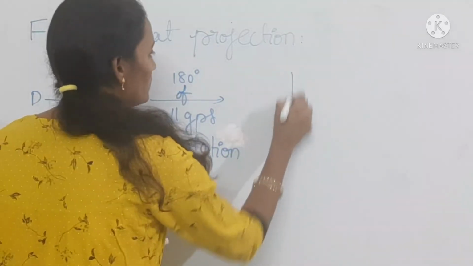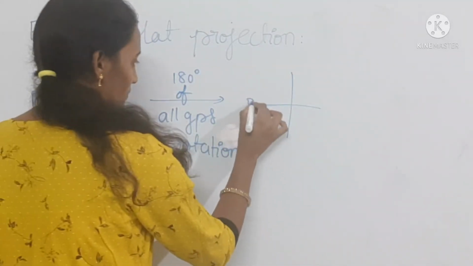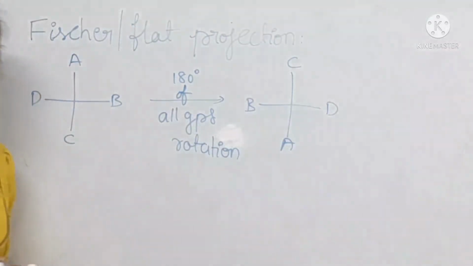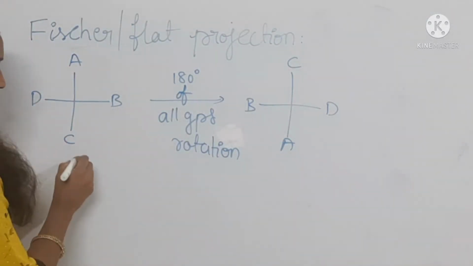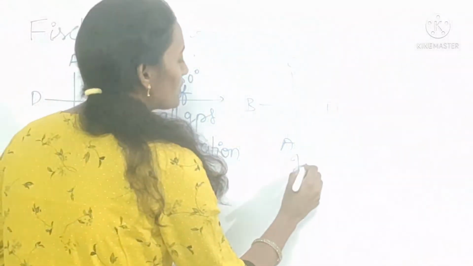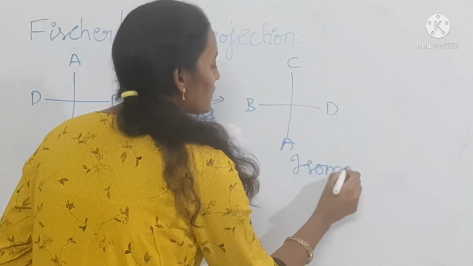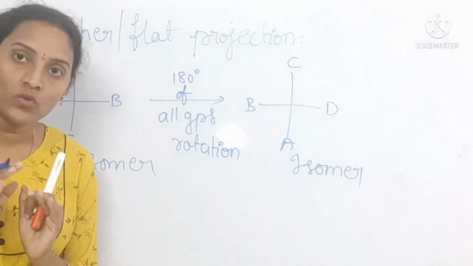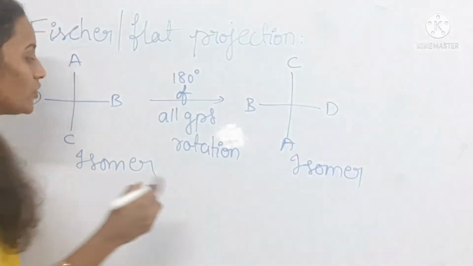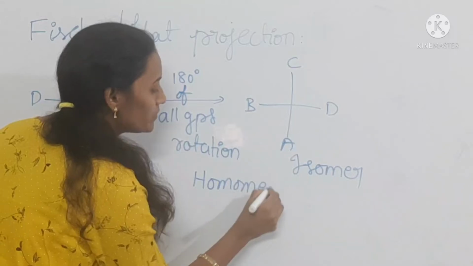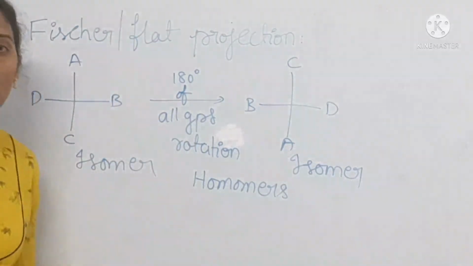Just once observe. B, D, C, A. Okay, this is one isomer. This is also another isomer. But these two, by rotating all groups by 180 degrees, you will get homomers of that particular isomer.